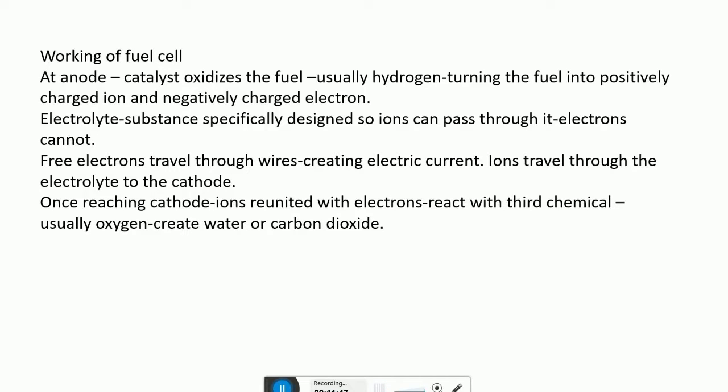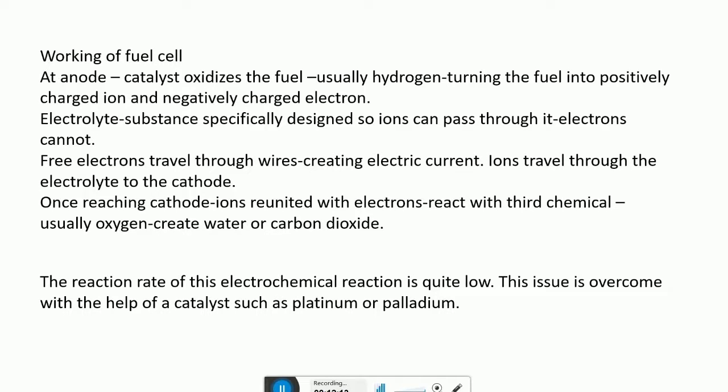Electrons cannot. Free electrons travel through wires, creating electric current. Ions travel through the electrolyte to the cathode.